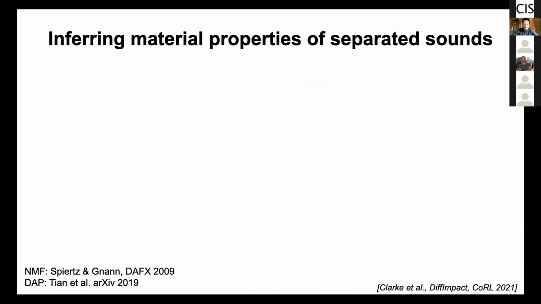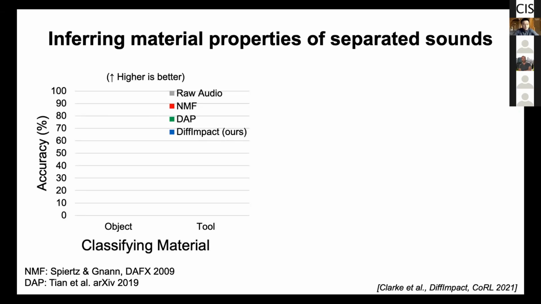Because we don't have the ground truth of these separate components, as a proxy for evaluation, we can infer material properties from the separated sounds and the original sound for comparison. We first construct a classifier to classify materials from sound and train it using a publicly available purely synthetic dataset of sounds. Here's the classification accuracy we get from trying to classify materials from the original audio.